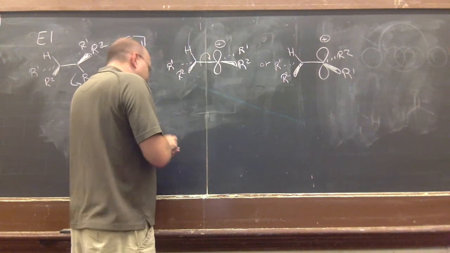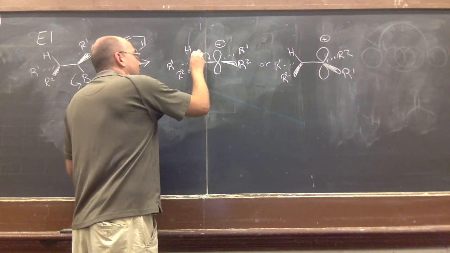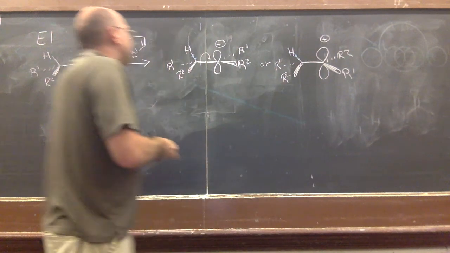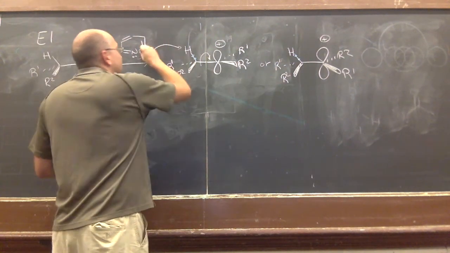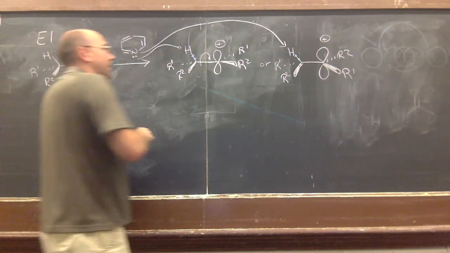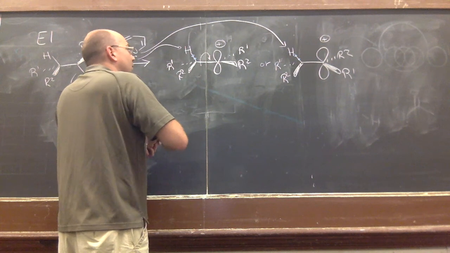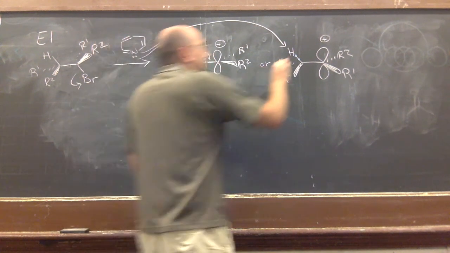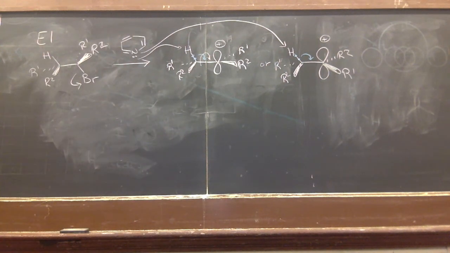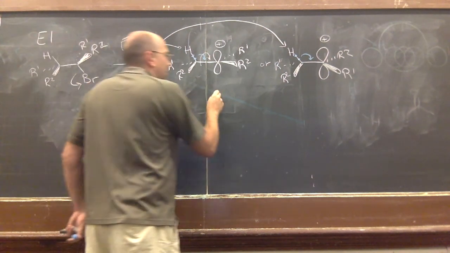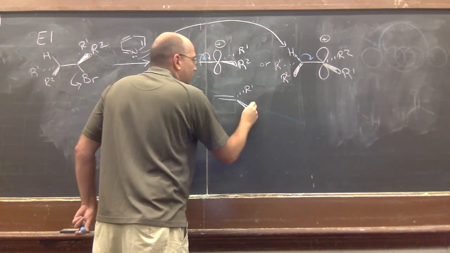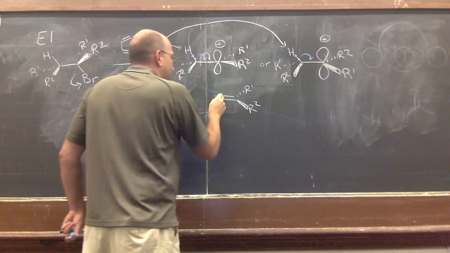Okay, so when we do that elimination, say the pyridine comes here, or the pyridine goes here. Those lone pairs are going to make a double bond, right? So in the case of an E1 reaction, in principle, you can get two products.